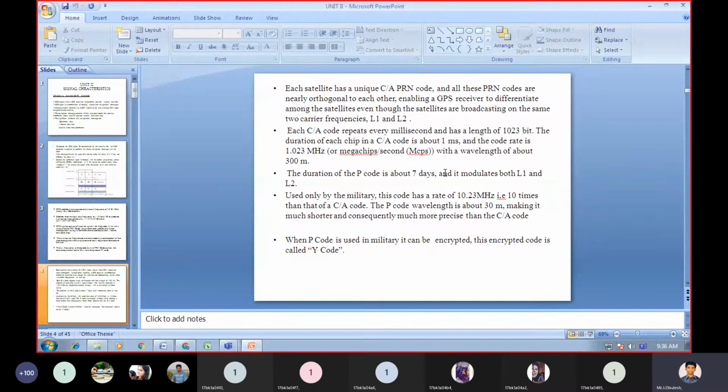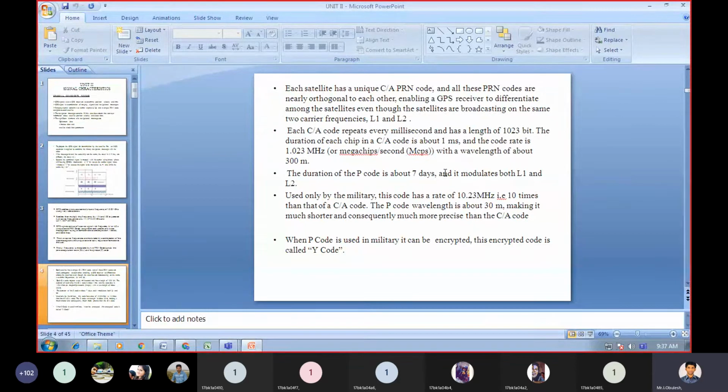The code has 1023 bits, and if you convert that into code rate, we get 1.023 megahertz, with a wavelength of about 300 meters.